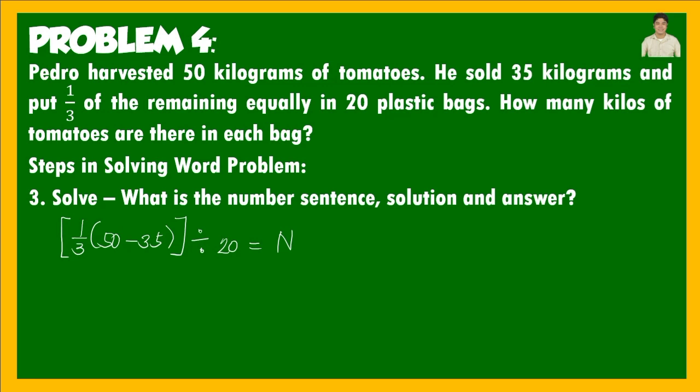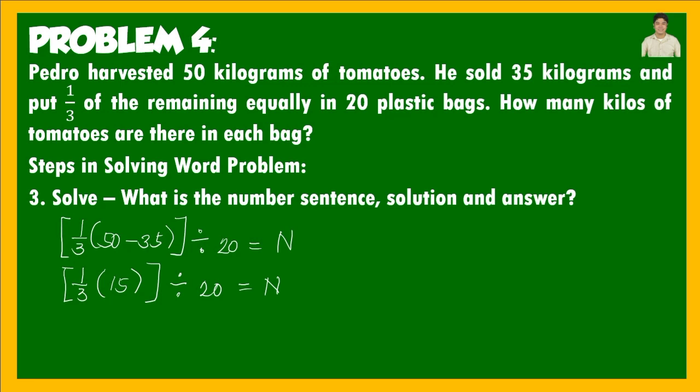So, dito muna tayo sa 1/3. So, 50 minus 35, we have 15. Diba? And then, divided by 20 is equal to n. So, next, what is 1/3 of 15?